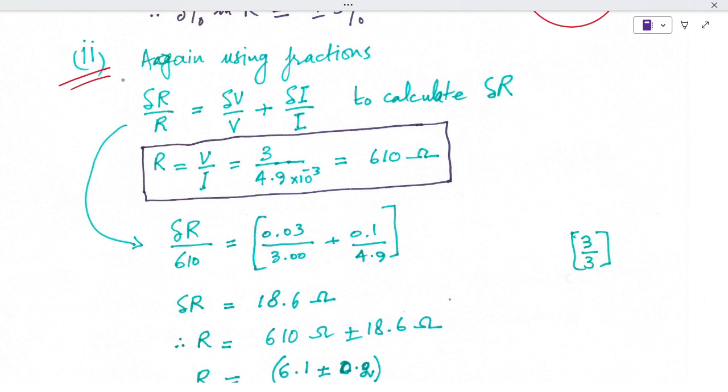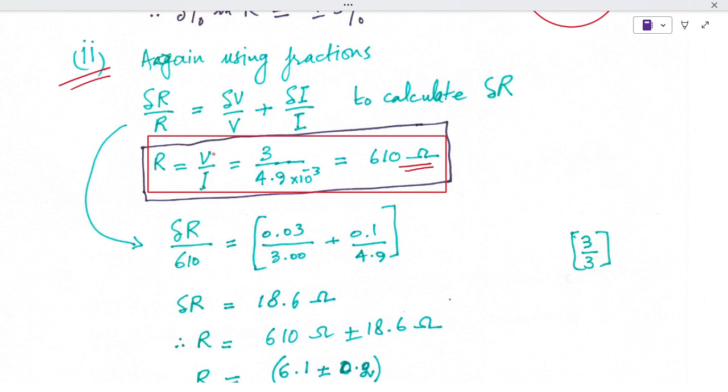So we write down the formula, and before going on to the uncertainty in resistance, we work out the resistance also from the equation R is equal to V over I. Putting in the values, you must remember that ohm is a base unit for resistance, which is worked out from the base units of voltage and amperage.